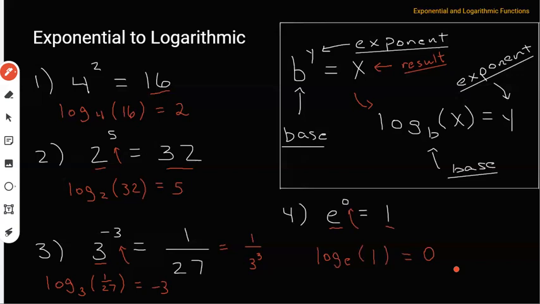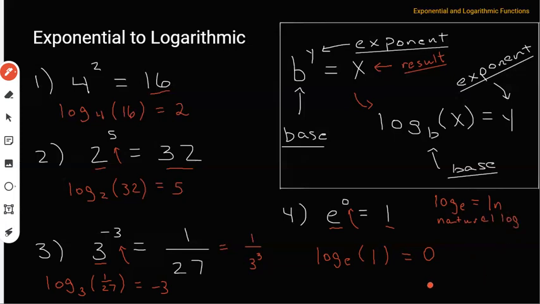So for this one, we have a log base e. Now a log base e is going to be a special logarithm. It's called the natural logarithm. And the way we write that is ln. So the ln is going to stand for the natural logarithm.